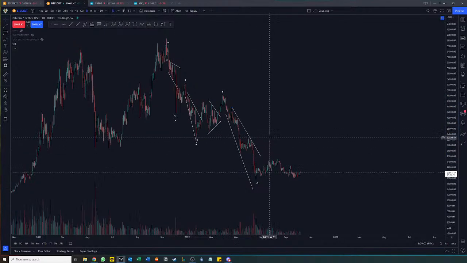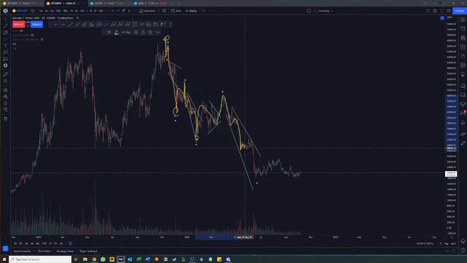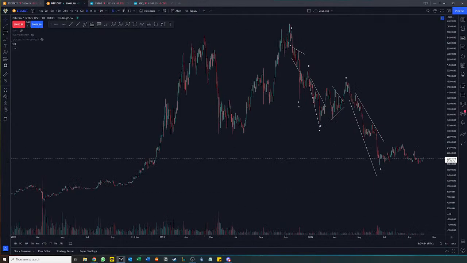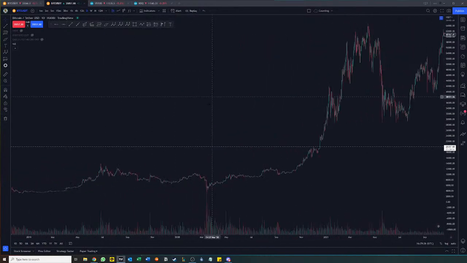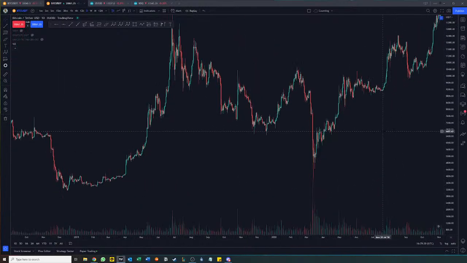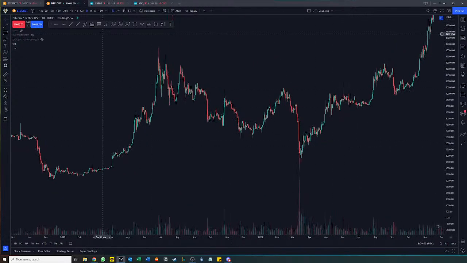So does ABC start from here? A, B, C one time, A, B, C two times, A, B, C three times. Historically, if you look back in all of the corrections, it has always been three times, unless it's a diagonal.